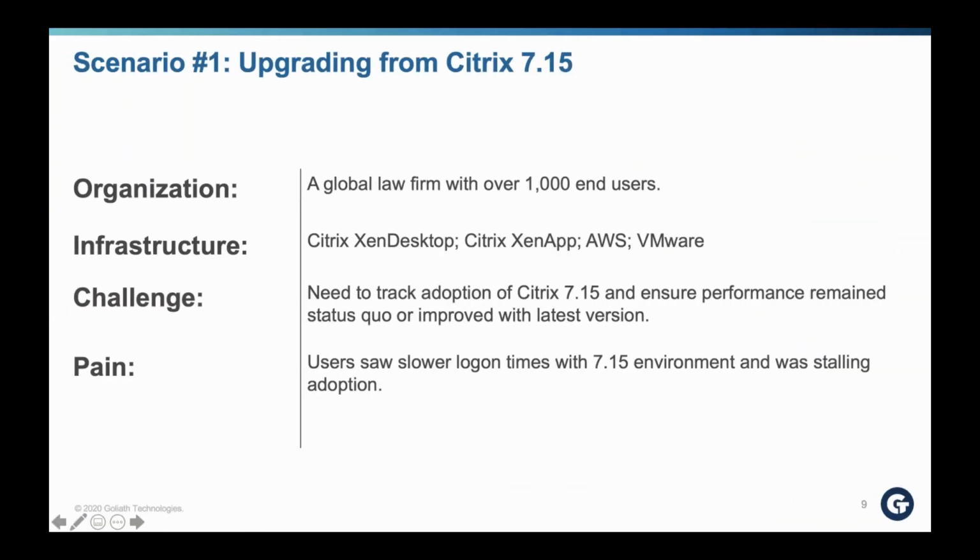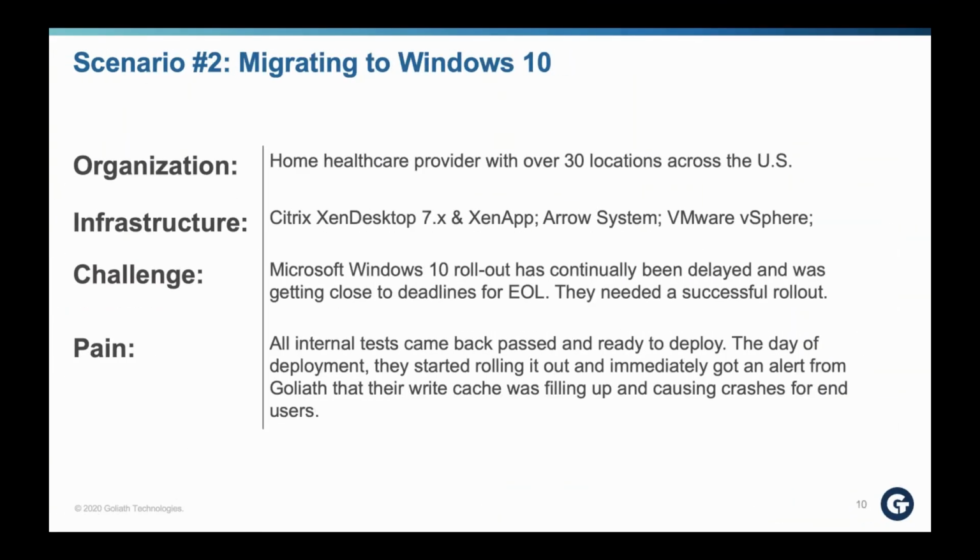So with that, we're going to jump into the next scenario. And this is something that I think Stacy touched on again, which is, with the end of life of Windows 7, a lot of Citrix environments are now rolling out Windows 10. And there are a lot of different things that come up in those environments.